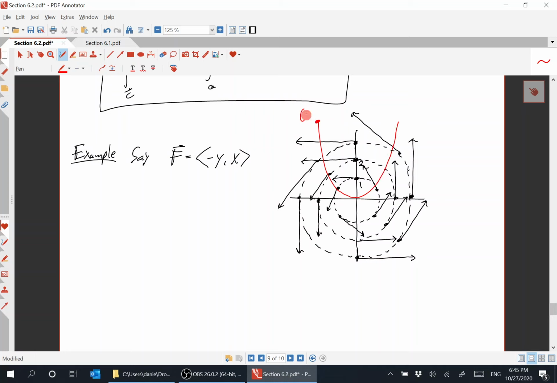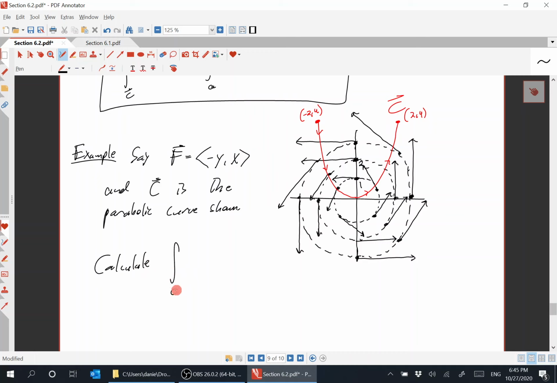So we'll say that's the point minus 2, 4, and this is the point 2, 4, and we're going in this direction. So that's the curve C. Say F is equal to this, and C is the parabolic curve shown. Okay, calculate the integral F dot ds.